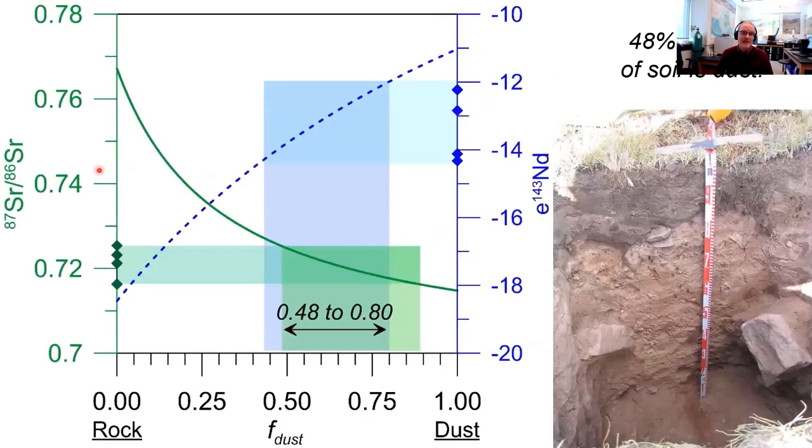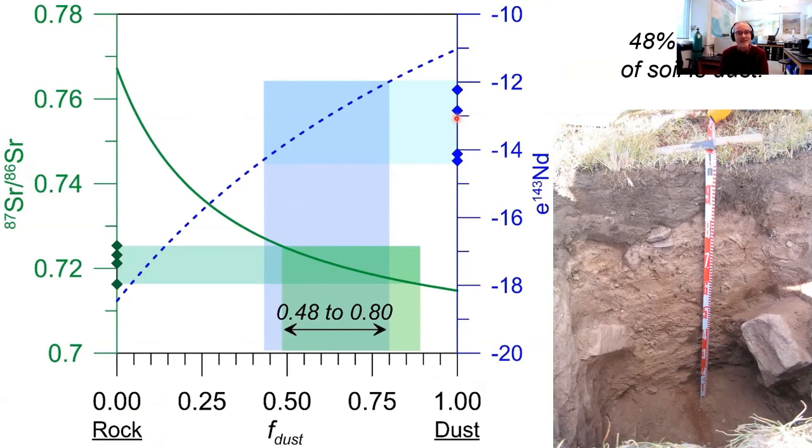And I could take those data and present them in a different way, in a mixing model form, and essentially look at 100% rock versus 100% dust on the other end, epsilon neodymium on the right axis, the strontium 87/86 ratio on the left axis, four samples plotting on either end, and the mixing models as the lines in between.